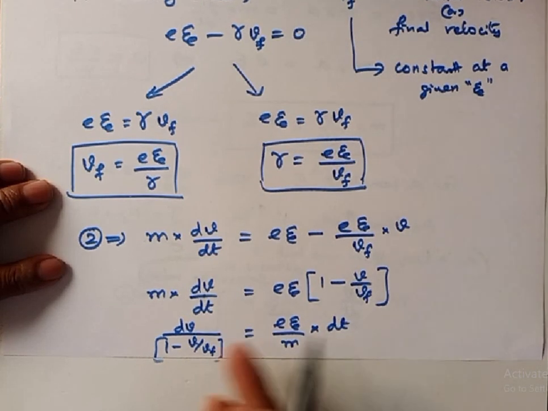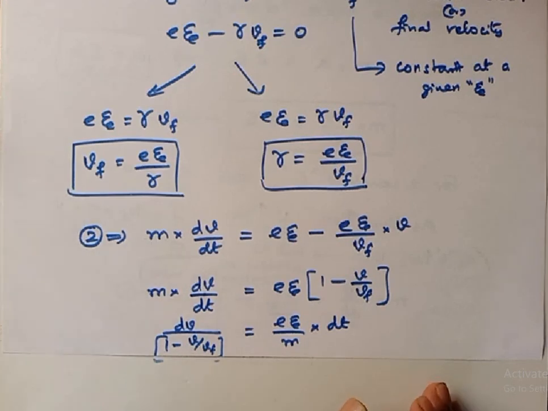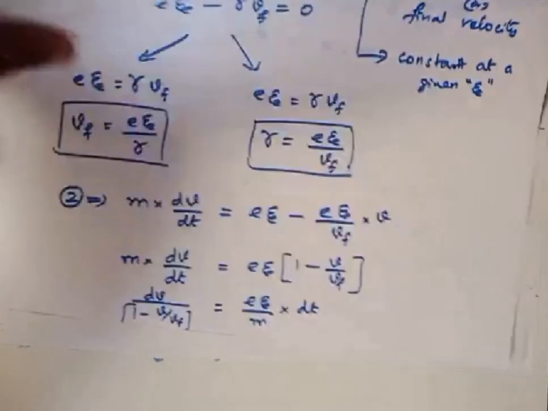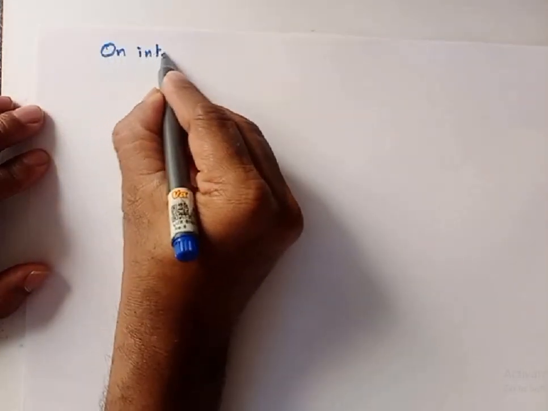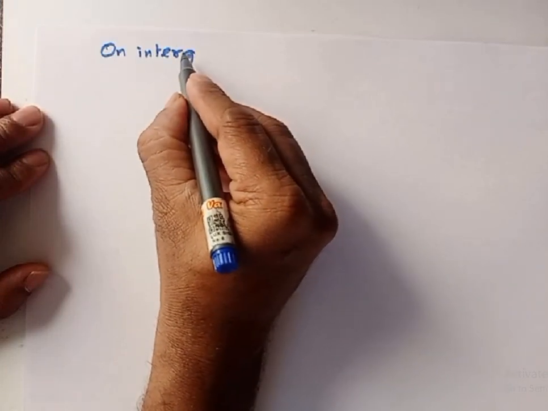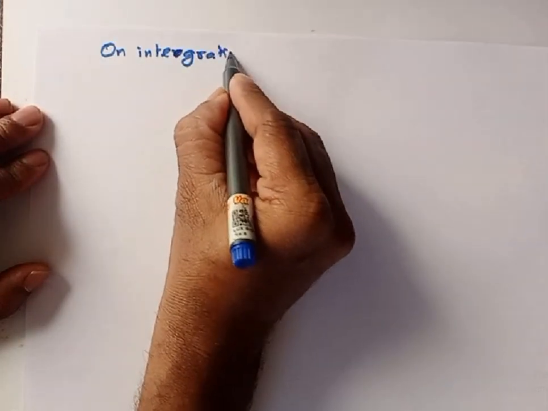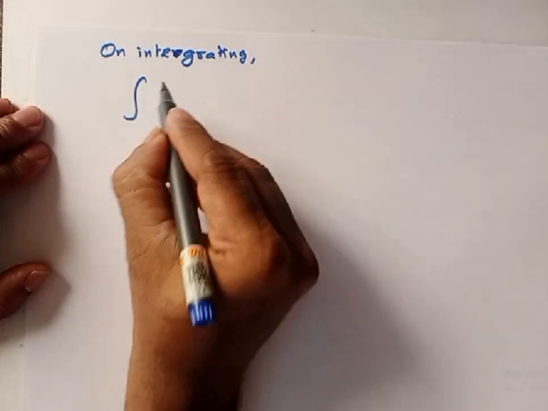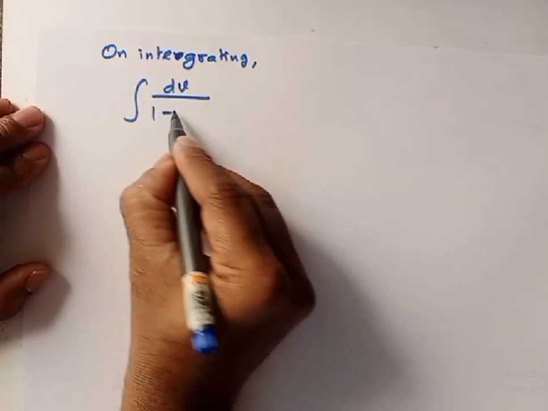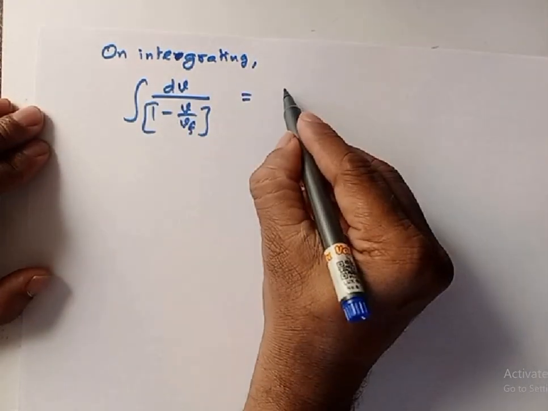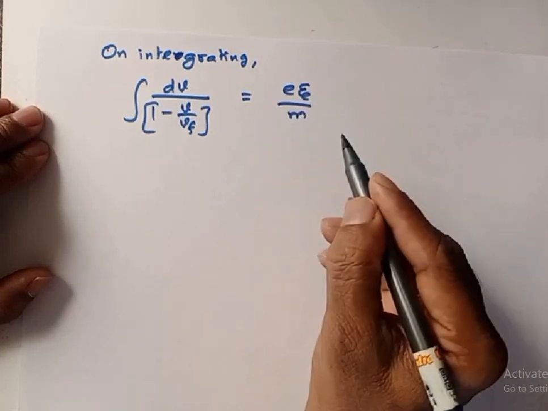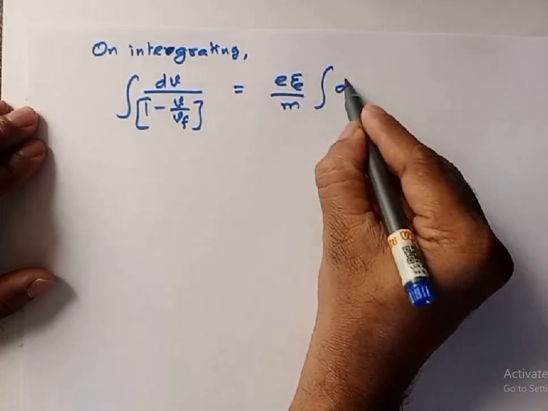Now let me integrate this equation, to find the final average velocity. Integral dV by 1 minus V by Vf equals E epsilon by m, which are all constants, so I'll keep them out, into integral dt.